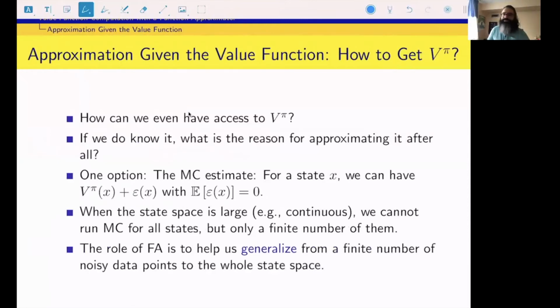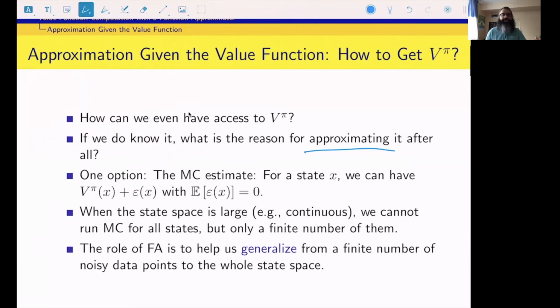Okay, so here I started from saying that suppose we have access to V pi, but how can we even have access to V pi? That's a problem that we want to actually solve, right? Finding V pi. And if we know it, what is the reason for approximating it after all?